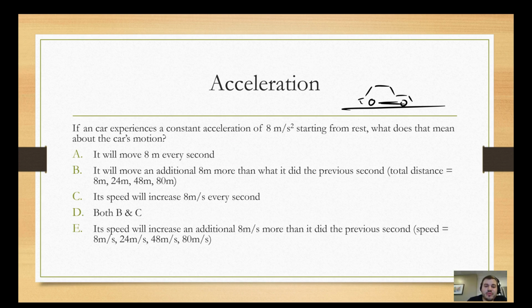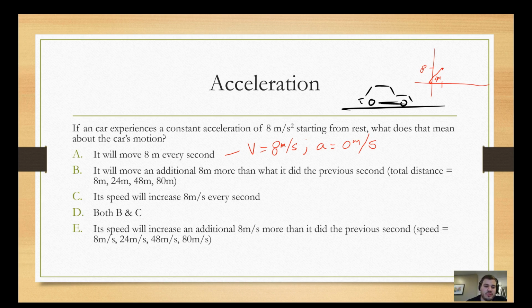That would be true if instead the velocity was equal to 8 meters per second, which would require the acceleration to be equal to 0. As we just talked about, in the first second, the car, as it goes from 0 to 8 meters per second, will in fact travel 4 meters, so it's going to be less than that. And how far it travels will change as the car goes faster and faster.